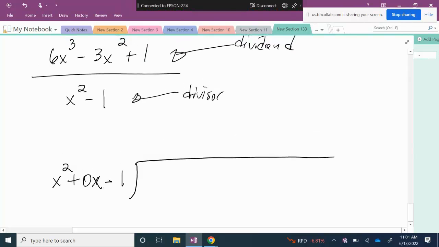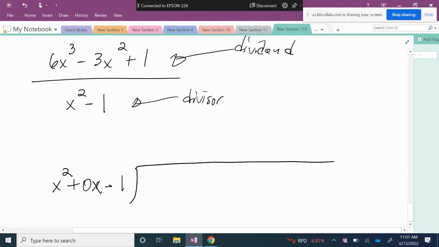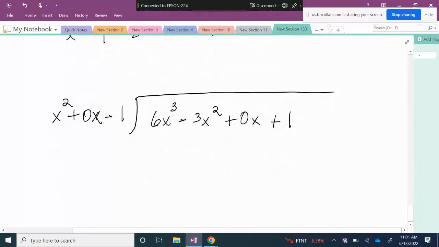I have to check the same thing for the dividend. So I have a third degree term, I have a second degree term, I'm missing a first degree term, so I'm going to put in a filler term plus 1. Right, so I have descending order for both the divisor and the dividend.